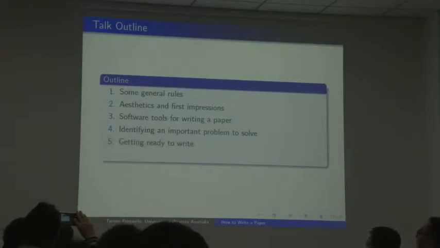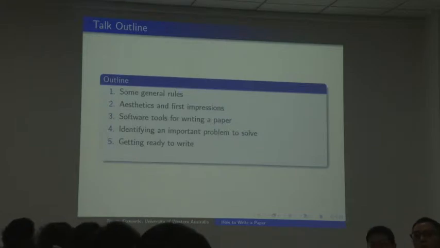And once you solve the problem, I will talk about getting ready to write, because once you've done your research, identified the problem and solved it, you're ready to write a paper. And then I will also talk about some case studies, some examples from my own research.